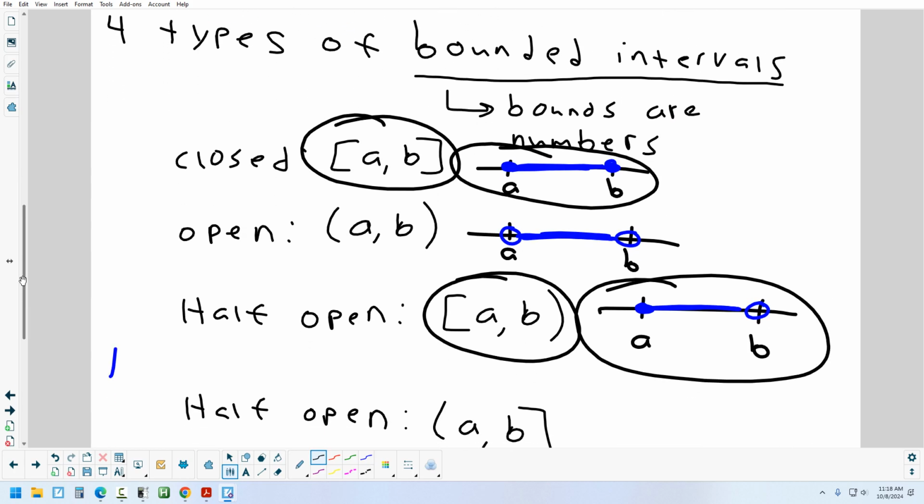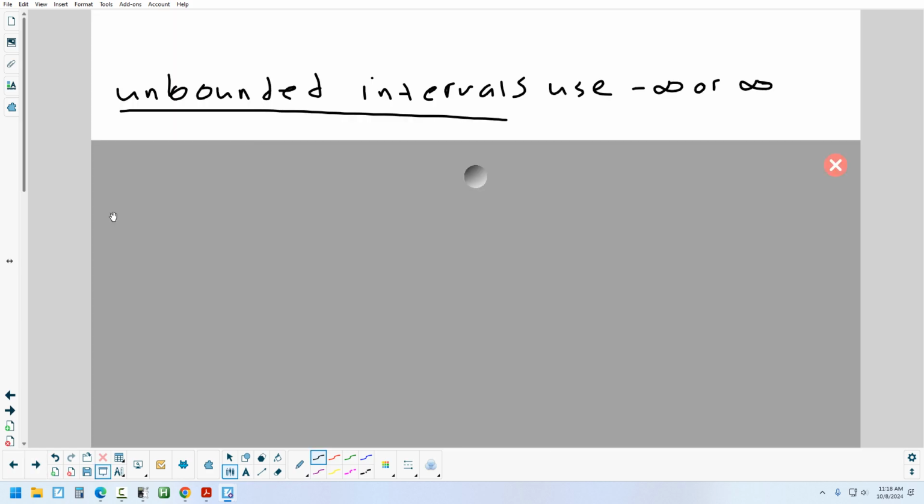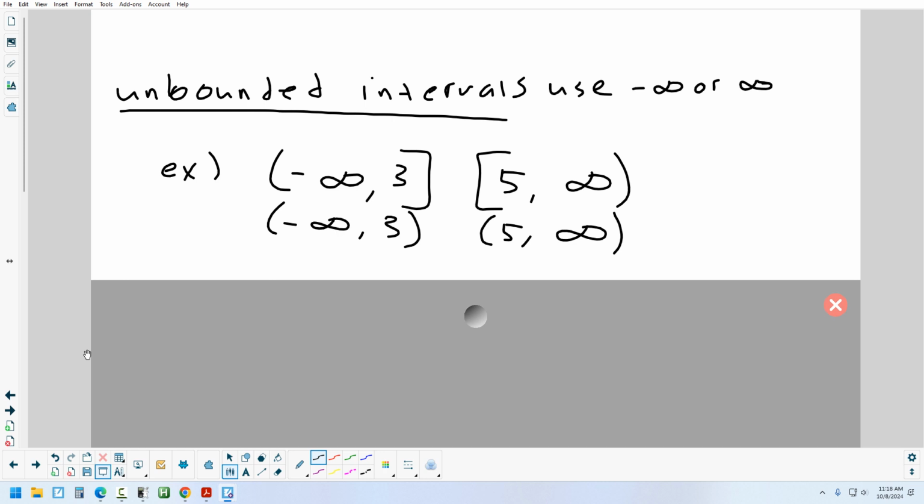So we already know what symbol you're going to see when it's not this. You're going to see an infinity symbol. But what do you think the opposite of bounded is? Unbounded. So an unbounded interval has either an infinity or a negative infinity.